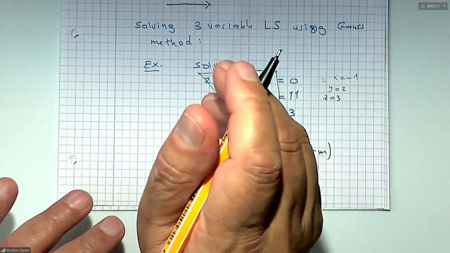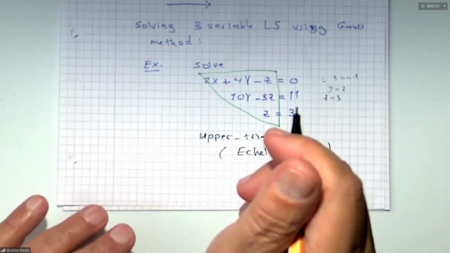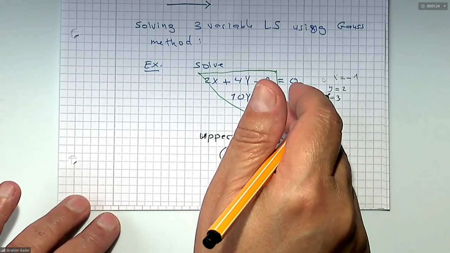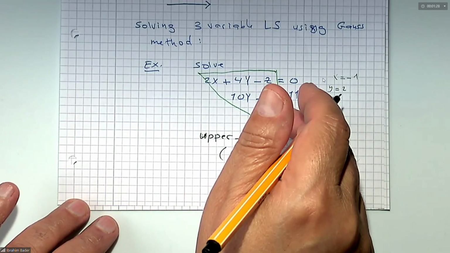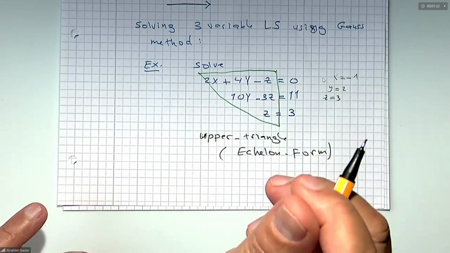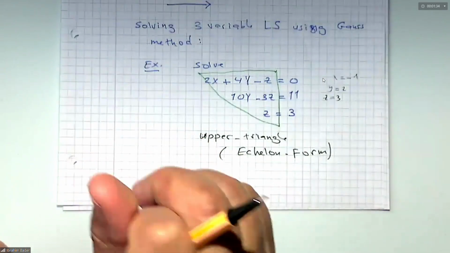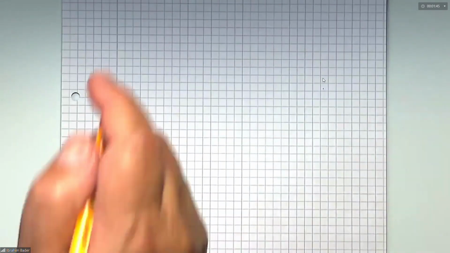So once we bring a system in this echelon form, this means that we can easily substitute back bottom up to evaluate the other variables. Now, this method is called also Gauss elimination method, and we will solve an example here and see how to work with this method.